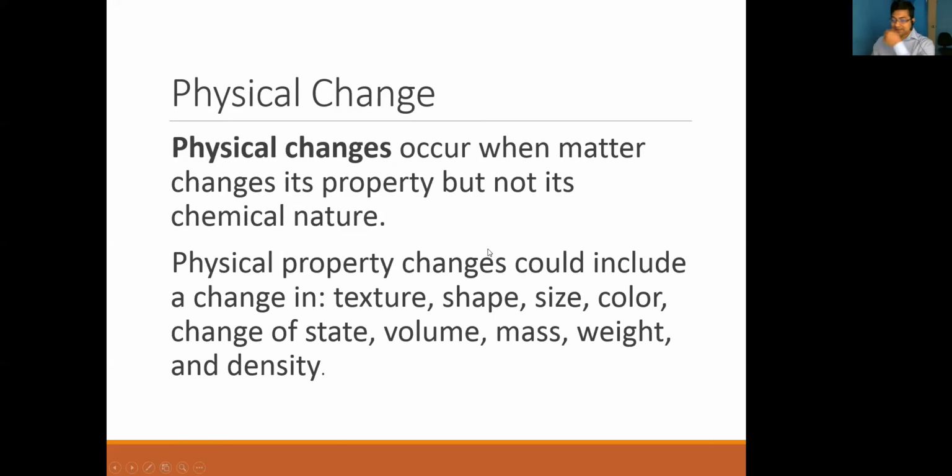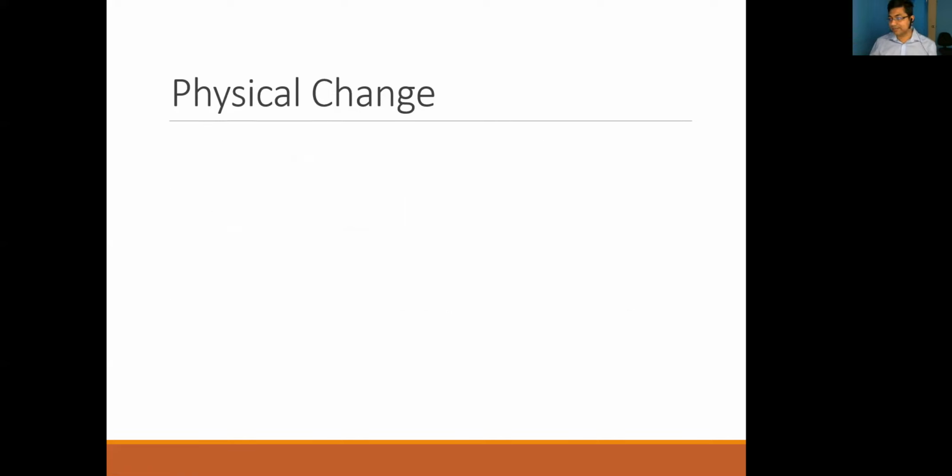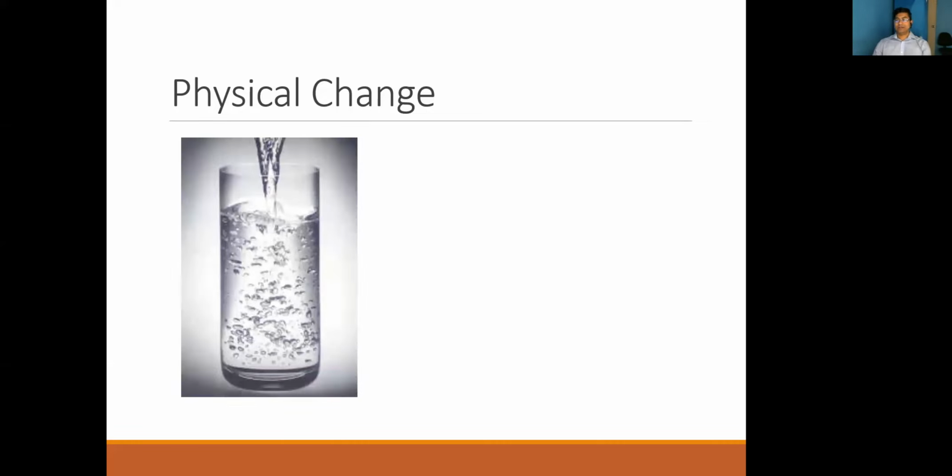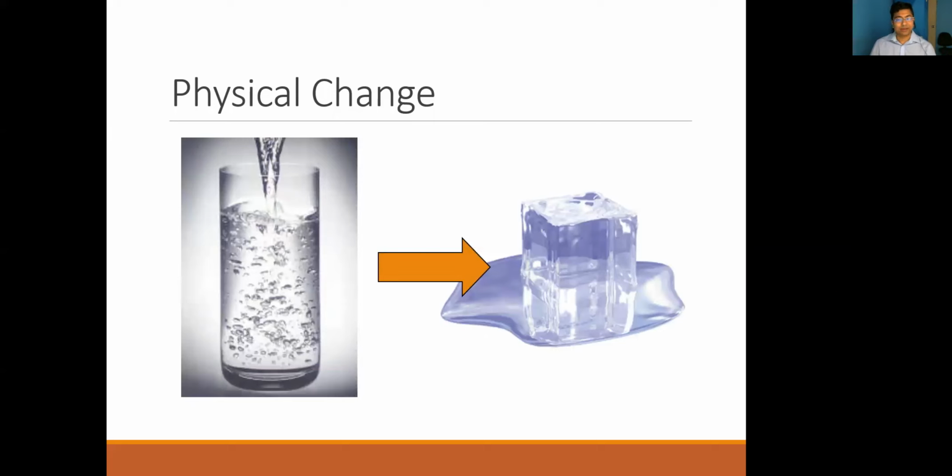So physical property changes can change the texture, shape, size, color, state, volume, mass, weight. But the chemical nature will never change. Okay, so this is water, and when it changes to ice, you see this, right?